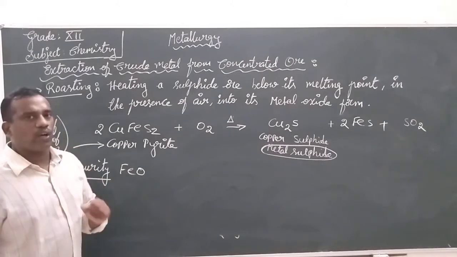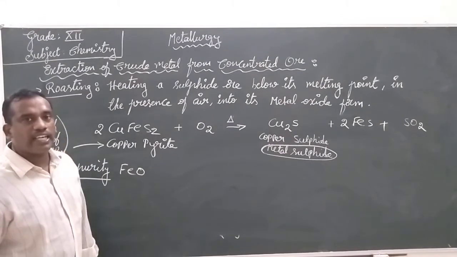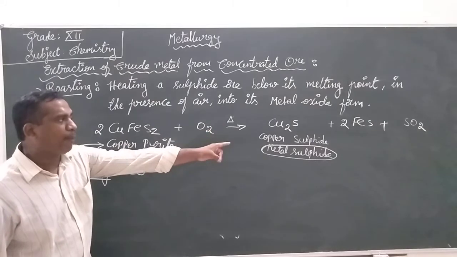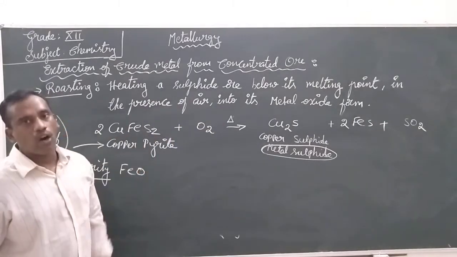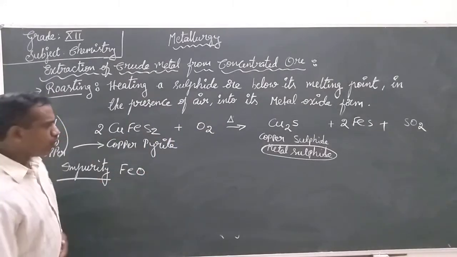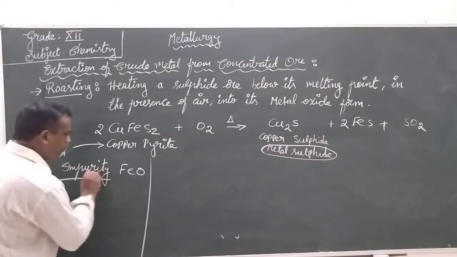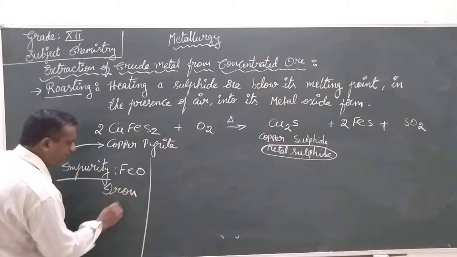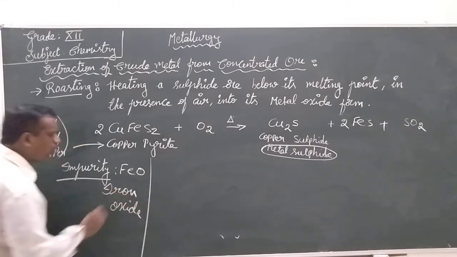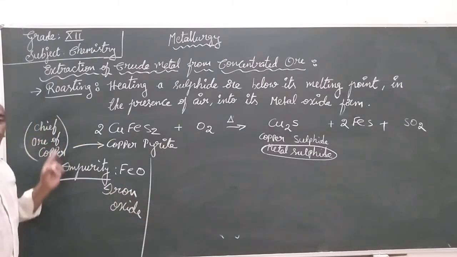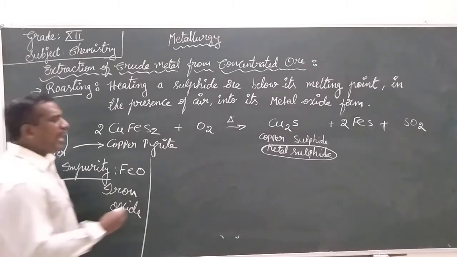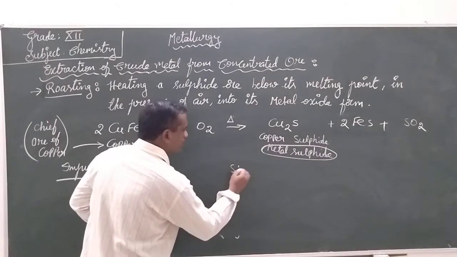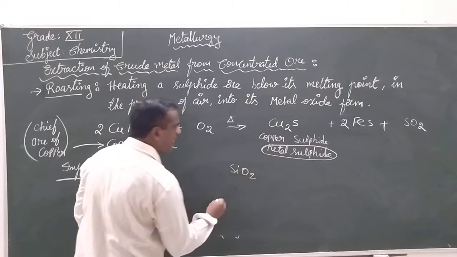2 things we need to do now. We need to remove this iron oxide and also we need to convert our copper sulfide into copper oxide. Please observe, in order to remove this iron oxide from the copper ore, we will add silica.